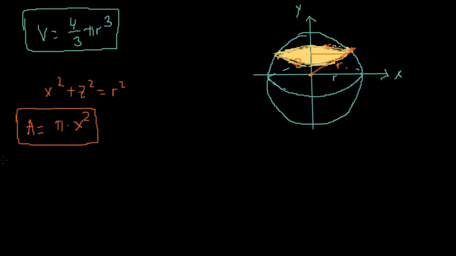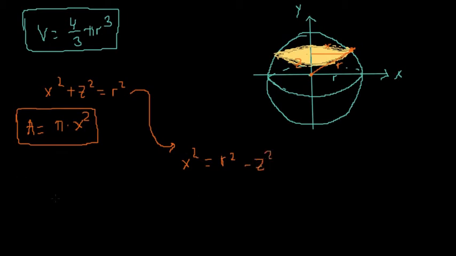What I can do next is write this equation as this one. I can write x squared is equal to the radius of my sphere squared minus z squared, right?